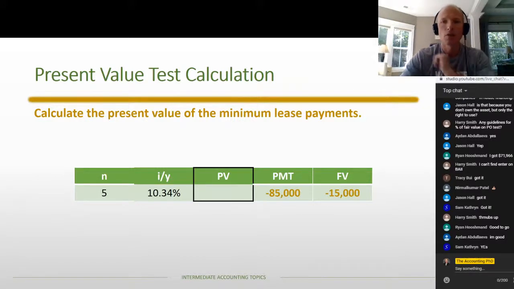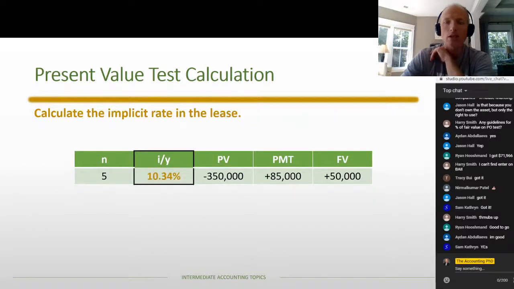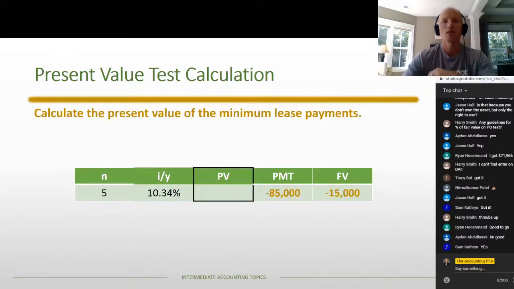The other difference is the asset is thought to be worth $50,000 when it's returned, and so from the lessor's perspective there's an economic flow of $50,000 at the end of the lease. But from the lessee's perspective, they've only guaranteed $15,000, and so their obligation is limited to $15,000, and so that is going to change the present value calculation a little bit.